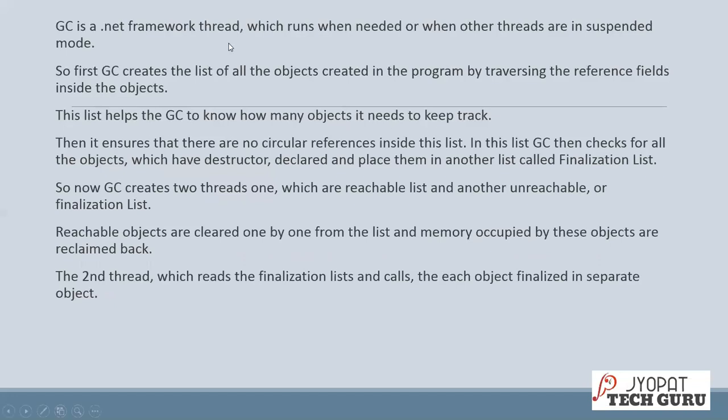The garbage collector is a .NET Framework thread which runs when needed or when other threads are in suspended mode. First, garbage collection creates the list of all the objects created in the program by traversing the reference fields inside the object. It is something like a police officer who takes a round.